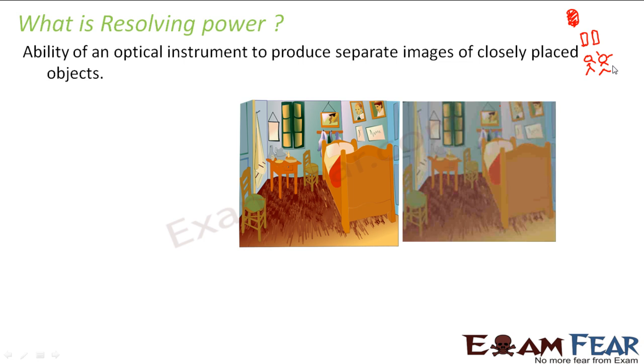If you compare the two pictures, in the first picture, you can very clearly see that something is written on the board, something like ANN. But here you are not able to see what it is. Here you can very clearly see the color of this man's shirt, but here it is not visible. Everything is hazy here. So this is known as resolving power. It is the ability of an optical instrument to produce separate images of closely spaced objects.